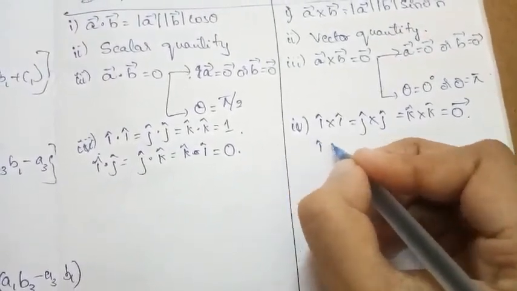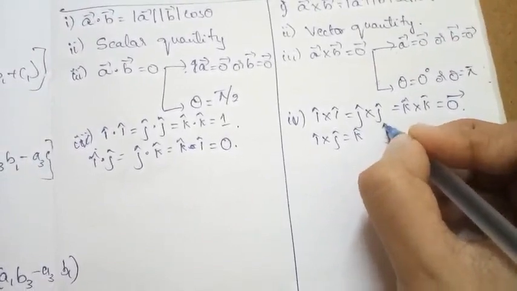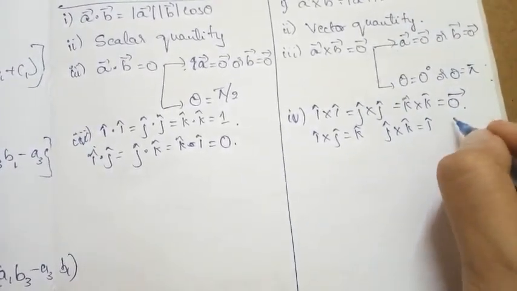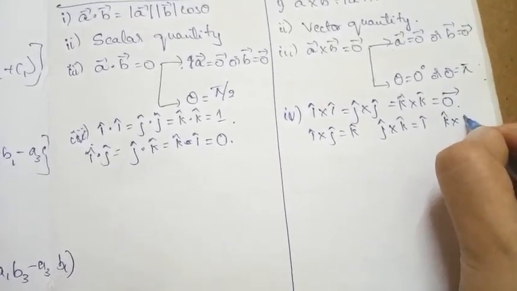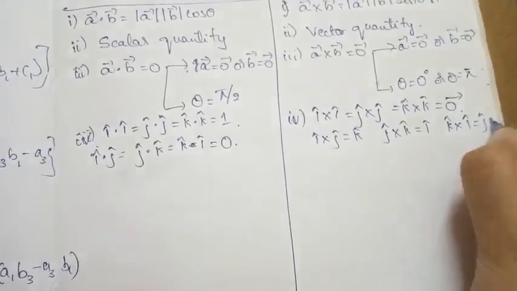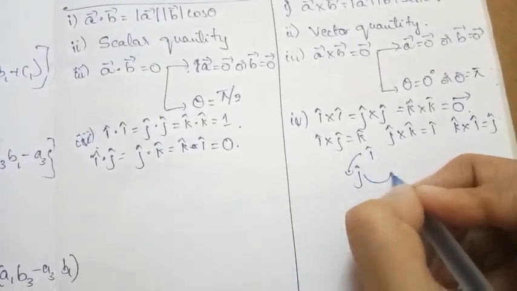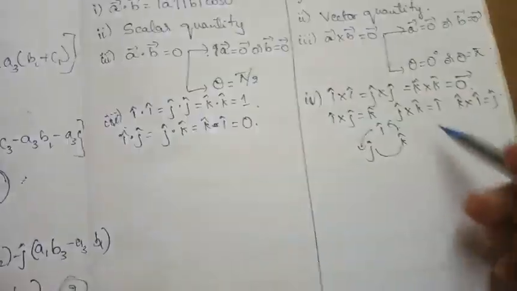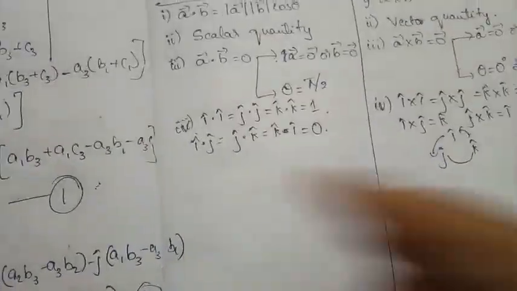But i cap cross j cap is k cap, j cap cross k cap is i cap, and k cap cross i cap is j cap, which follows the cycle. If you remember the cycle, the other three can also be done. So this is the next difference.